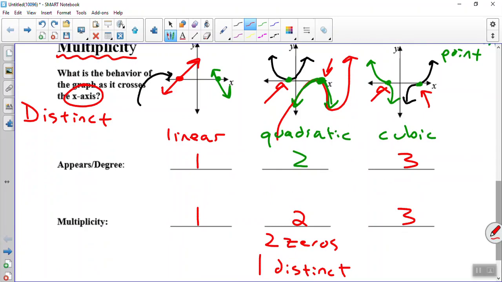Okay? Again, each of these examples on these graphs are just part of a bigger graph. All right, there could be other curves going on, but we're just talking about when it touches the x-axis, what does it look like? Okay? All right, so let's try to apply that on the next page.